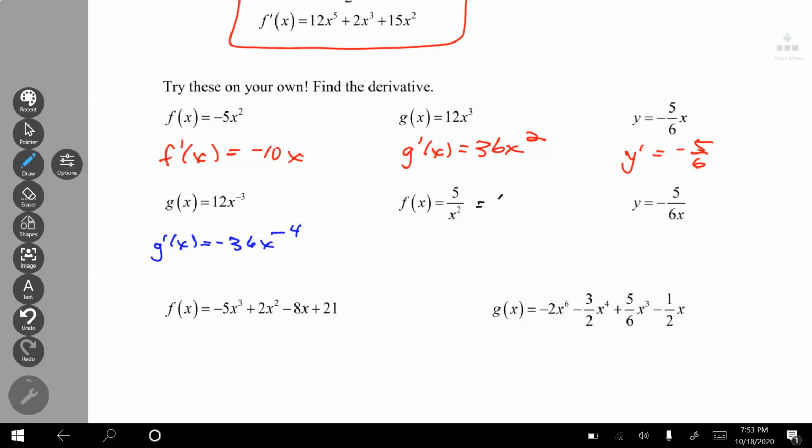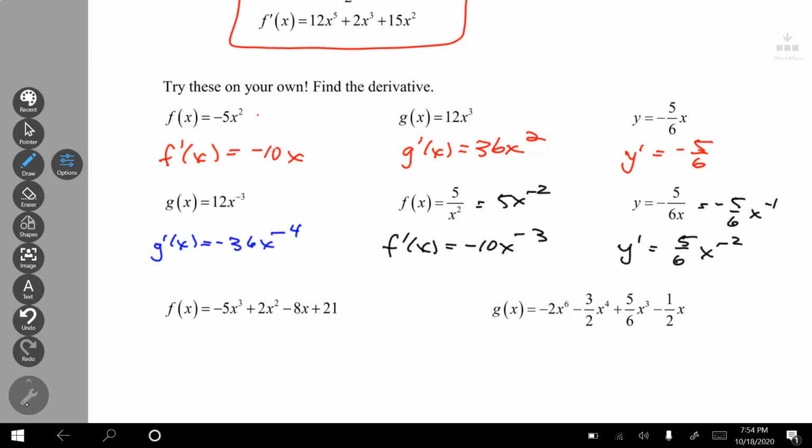I should rewrite this as 5x to the negative 2. So I'm going to take its derivative. I get negative 10x to the negative 3. I should write this as negative 5 over 6, x to the negative 1. So I'm going to take its derivative. Y prime is going to equal positive 5 over 6, x to the negative 2.